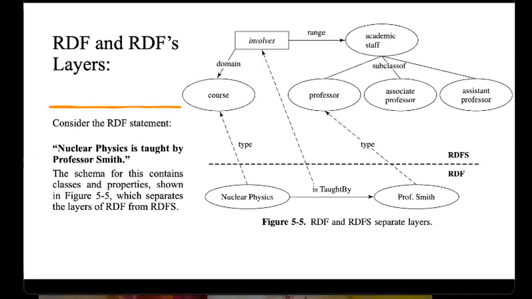Ellipses in the RDFS layer represent classes, and in the RDF layer these ellipses represent instances.